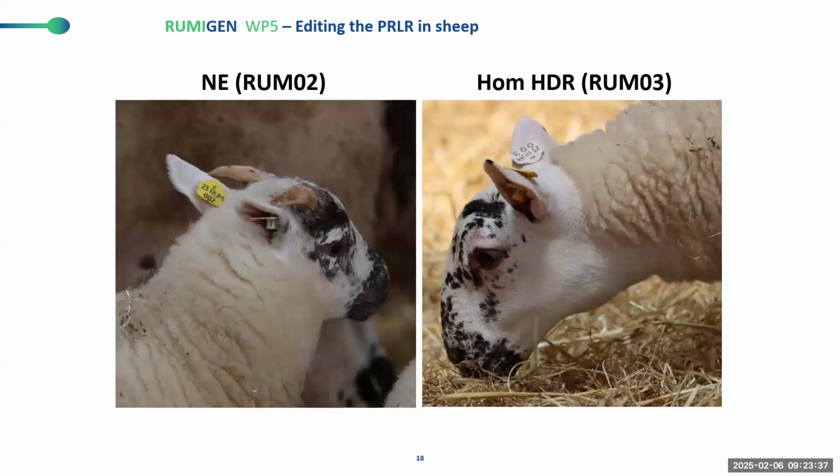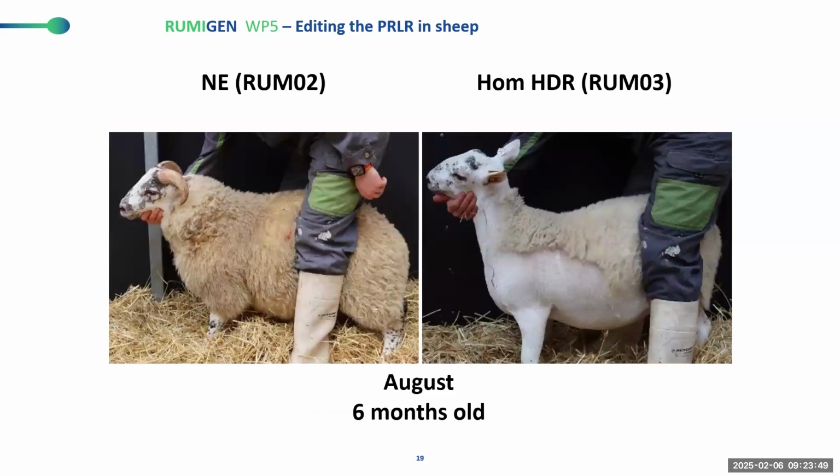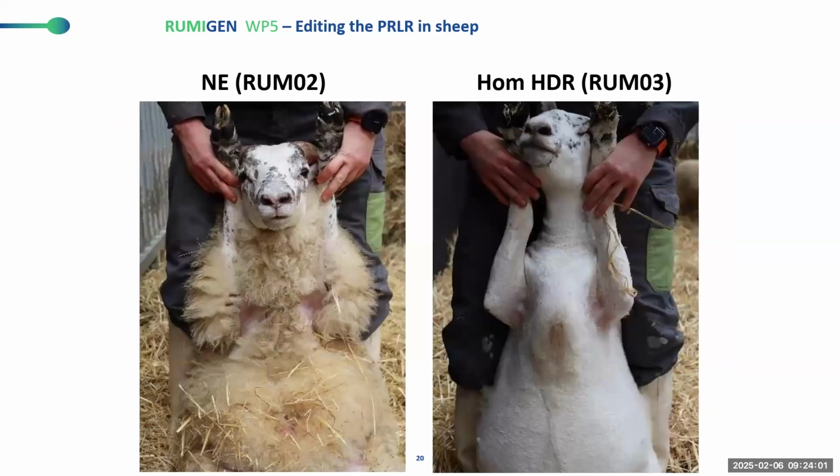You can see a non-edited animal and a homozygous edited animal. There is less hair on the head, and the phenotype appears very clearly in spring, in August, at 6 months, where you see there is really less on the edited animal.